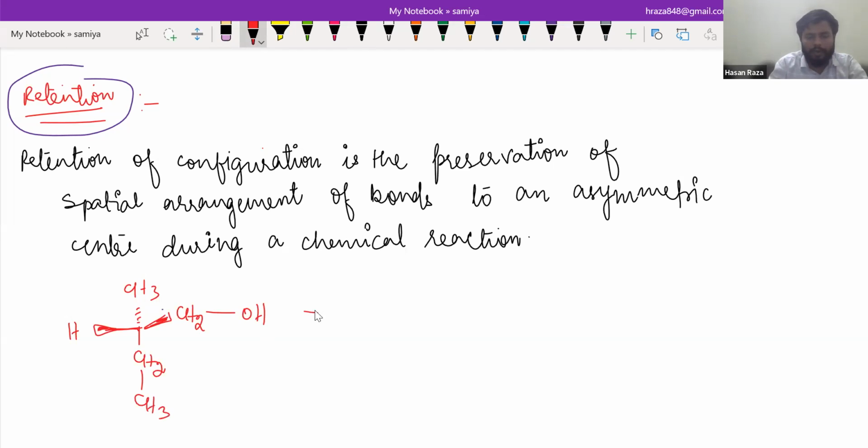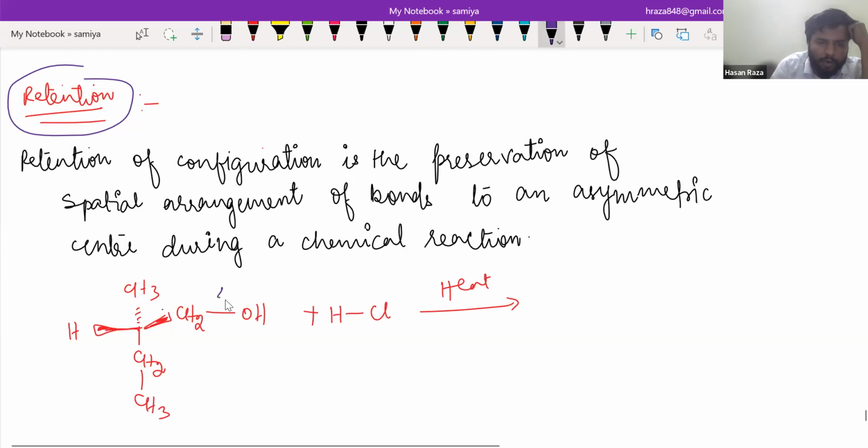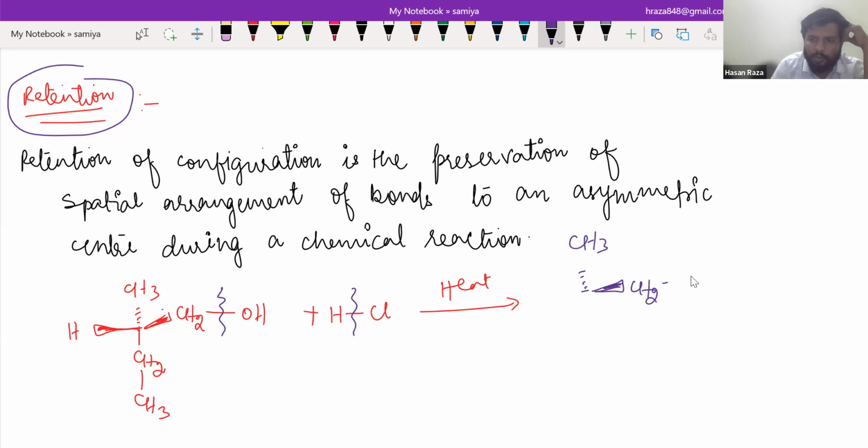Now see, we are going to react this reactant with HCl and heat it. What happens here is very easy. The bond will be broken here, and here the bond will be broken, and Cl will go and attach to this CH2 group. So you can see the product will be like this.